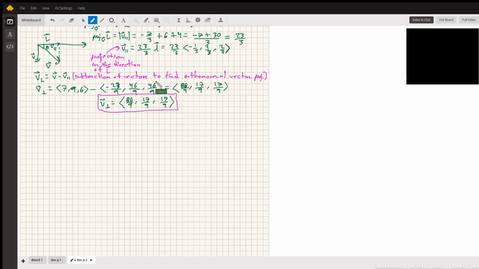So subtraction of vectors to find the orthonormal vector projection, right? And we're actually trying to find the vector, not the magnitude. So we just do these operations and we end up with v perpendicular, the orthonormal vector, open brackets, 86 over 9, comma 17 over 9, comma 17 over 9.